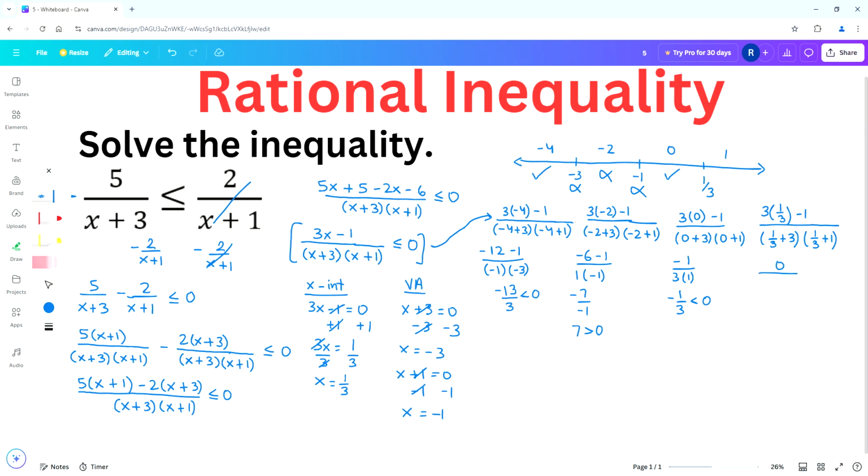In the denominator, we'll get a positive value. So the overall value will be equal to 0. Since the inequality is less than or equal to 0, that means we have to include the endpoint 1 over 3 in our answer. Next, we can do the check for test value x equals 1.